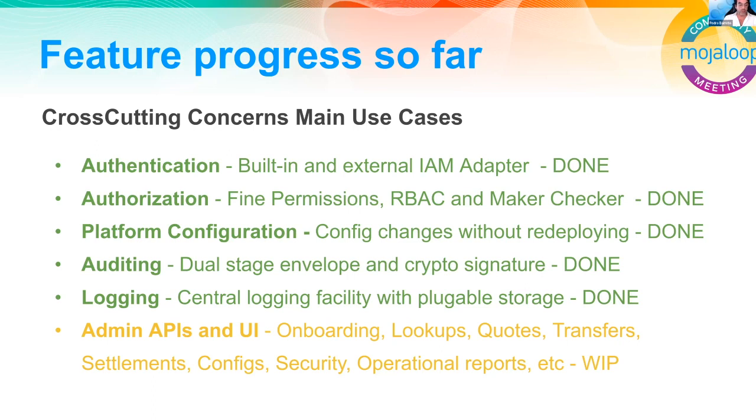The platform configuration, also, we now have a bit more evolved. It allows us to do changes in the configuration of the switch without redeploying. So effectively, as a hub operator, I'm now able to go to the administrator UI, or to the API, it's the same effect, and do a change in a configuration, and all of the services will be notified that there's a change that might affect them or not, and they are able to reload their configuration and keep on working with the new settings.